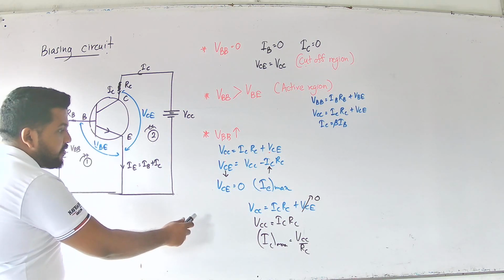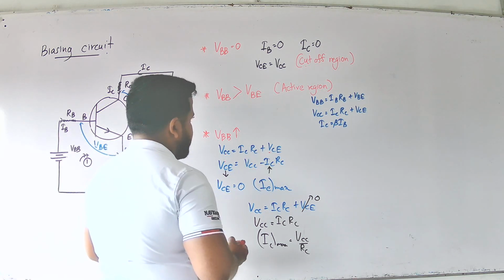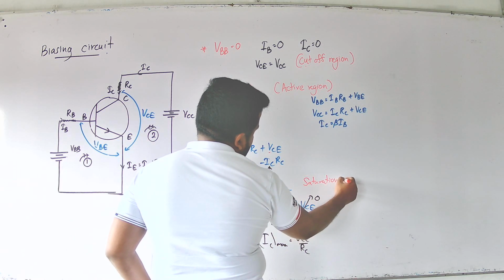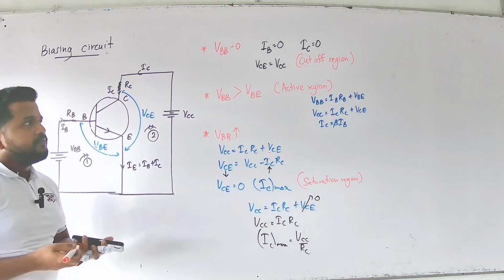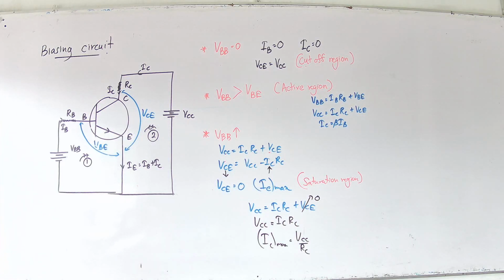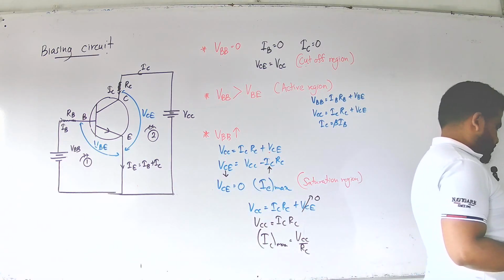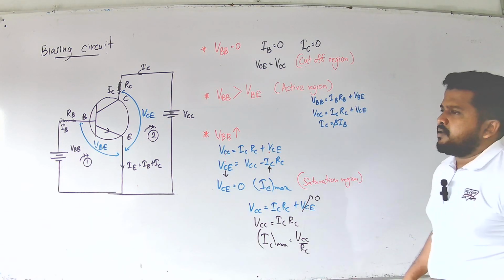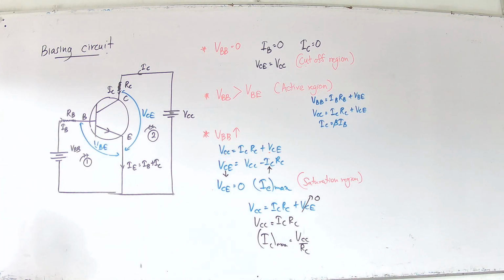When VCE equals 0, the transistor is in the saturation region, and the IC is having a maximum value.